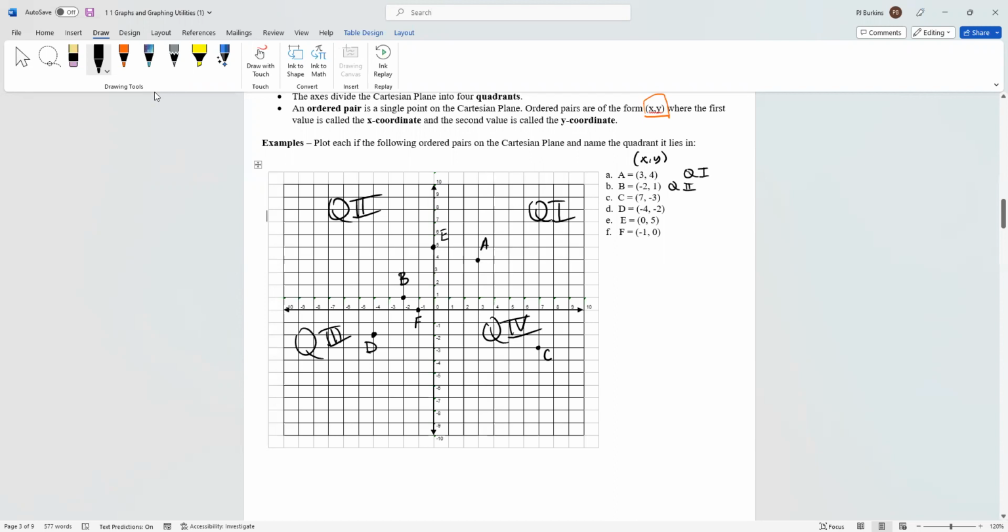Then C is in quadrant 4. D is in quadrant 3. E is not in a quadrant. It is on the y-axis, and F is on the x-axis.